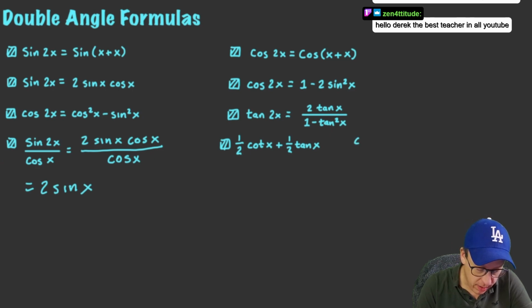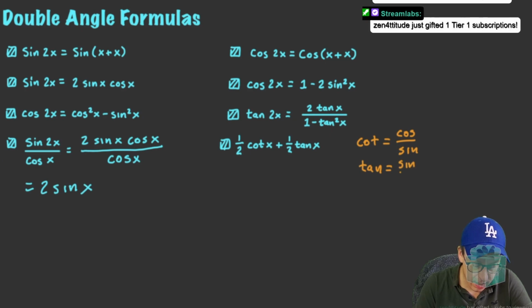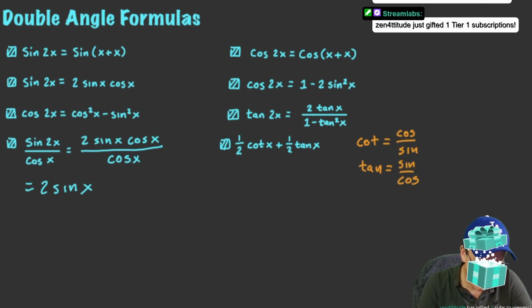Well, we know that the cotangent is going to be equal to the cosine over the sine. And also we know that the tangent is the sine over the cosine.